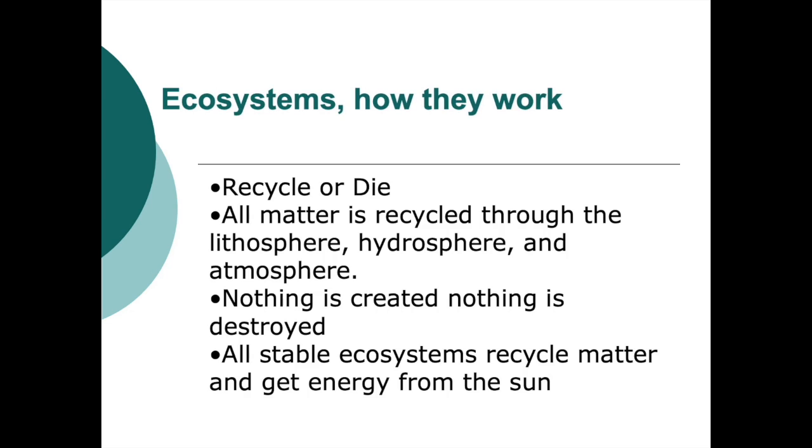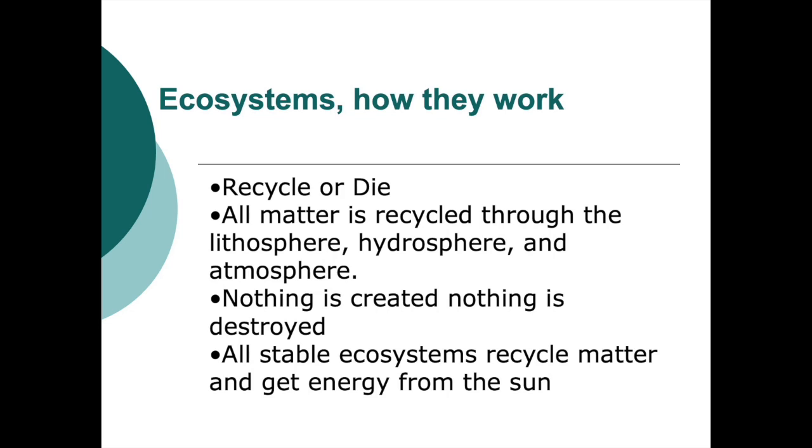And so overall, how does an ecosystem work? Well, everything in the ecosystem has to be able to be fully recycled. Nothing is thrown away. And so everything, all matter, is then recycled through these three spheres: the lithosphere, the hydrosphere, and the atmosphere. And it is recycled biologically through the species living in the biosphere.